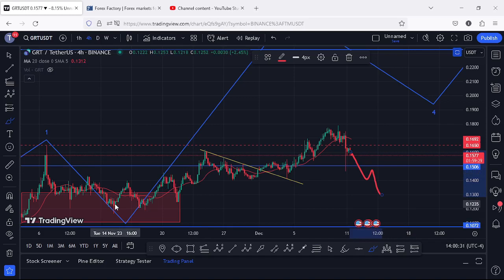At that point, I'll have to restructure my Elliott analysis and also come up with a more bearish Elliott analysis here on the charts. So that is what I'm watching out for on the GRT chart for the next coming hours.